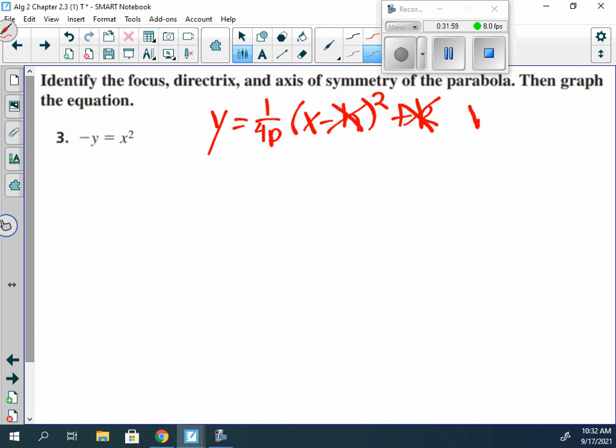The h and k are not really here because the vertex is 0, 0. The value of h and k are both 0. So since we don't have that, really we're looking at y is equal to 1 over 4p times x squared. Now we need to just get this equation in this form. Is there anything that we do need to do?